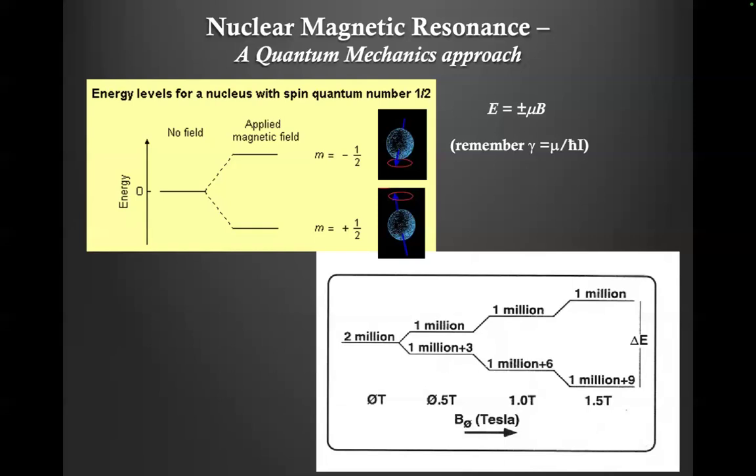That is why your signal depends not on that 1 million or 2 million protons, but only on the excess protons, these 3 or 6 or 9 protons. Everything else, parallel and anti-parallel, just cancels each other. So these 9 protons are the ones you actually image with.